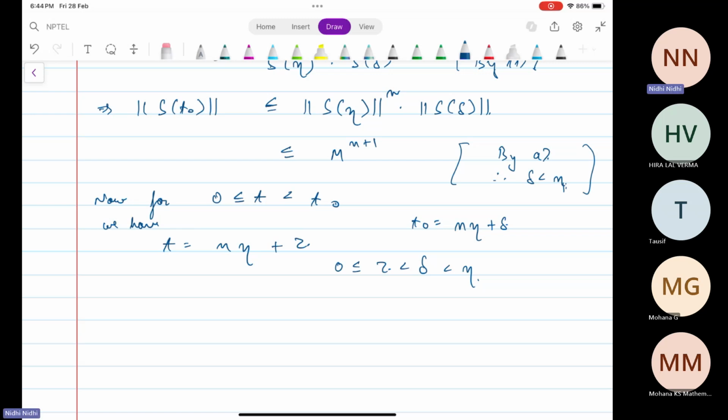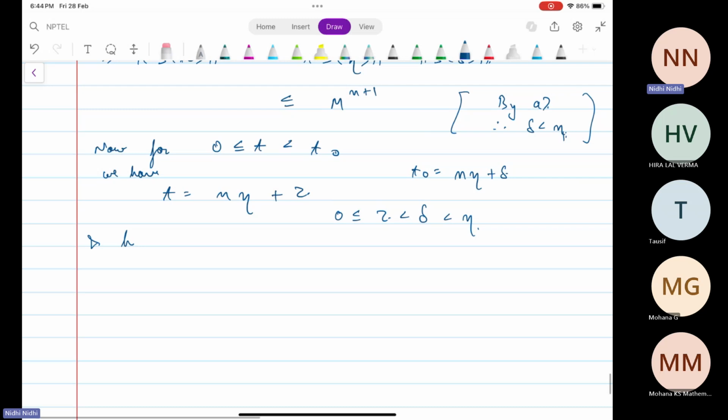And hence, as done above, we have norm S(t) is less than or equal to M to the power n plus 1.